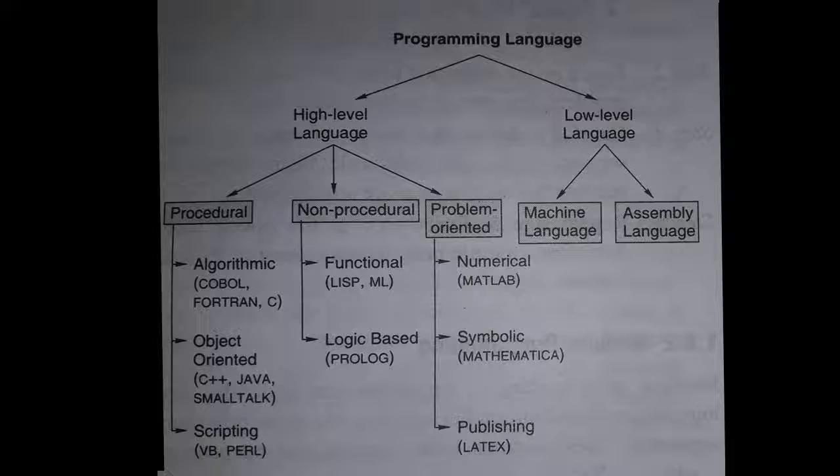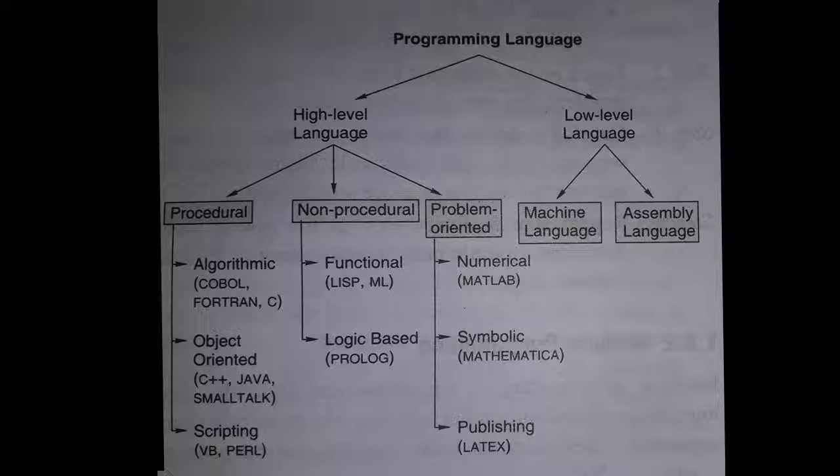Object-oriented languages are the languages which actually work on objects, and they don't need to be programmed every time for each and every object. The examples of object-oriented languages are C++, Java and Smalltalk. And the third type of procedural language is scripting. Scripting languages are languages that have their own functions already written, or in other words, you are using an already written program to form a new program, right?